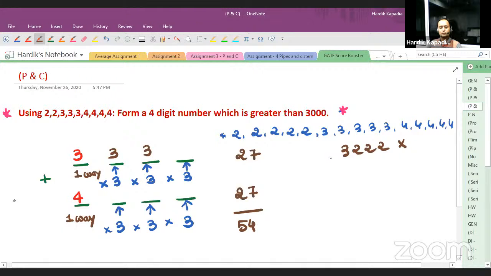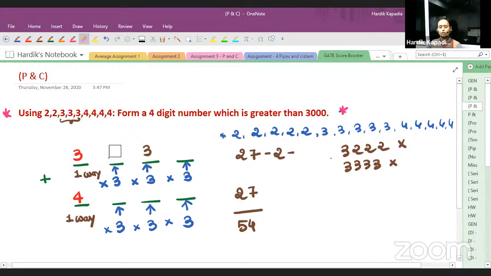But I can't use 3 in all places, because only 3 threes are available and I have used all of them. So 3 3 3 3 is not possible over here. So we need to subtract 2 from this 27.